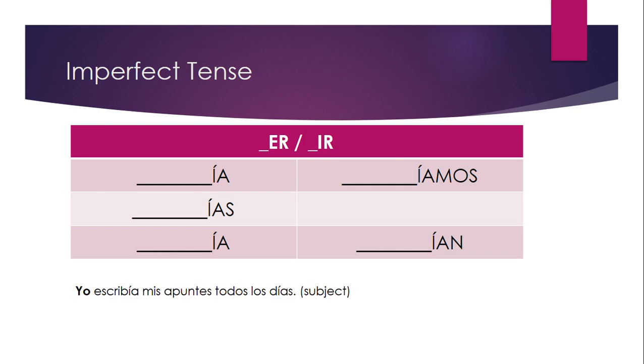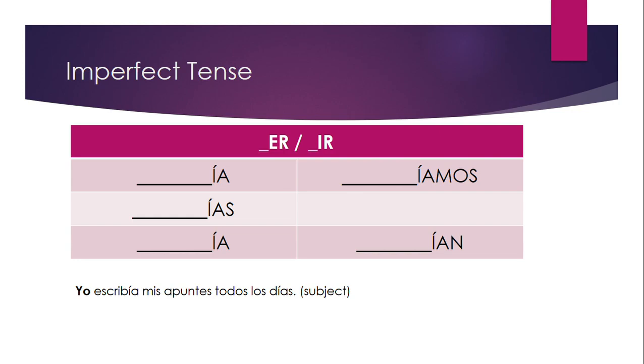Our first example here, yo escribía mis apuntes todos los días. Again, I have the word yo written in here because the yo form ending and the él, ella, usted endings are the same. So we need to have the word yo written in there to specify who we're talking about.